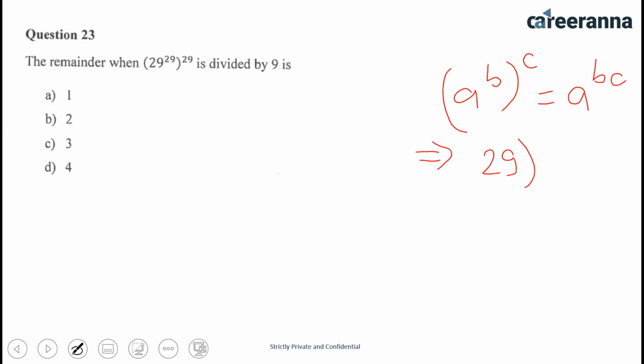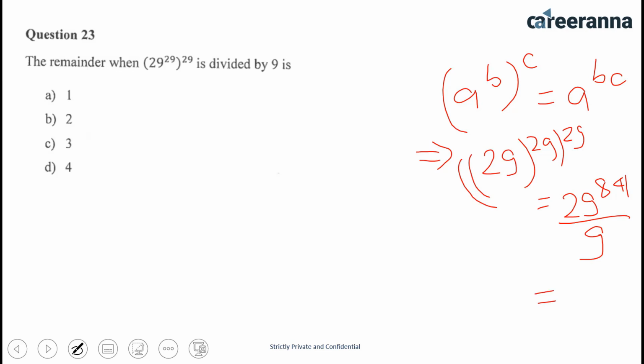This is 29 power 29 whole power 29, so we can rewrite it as 29 power, what is the square of 29? It is 841. Now we can directly rewrite this number as 2 power 841. So the question reduces to 2 power 841 divided by 9.